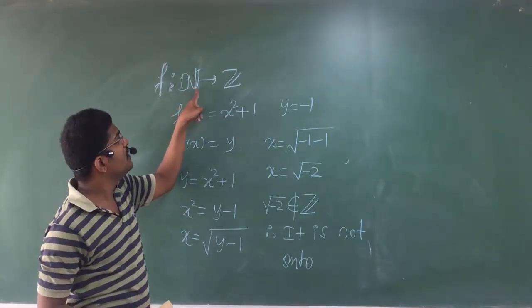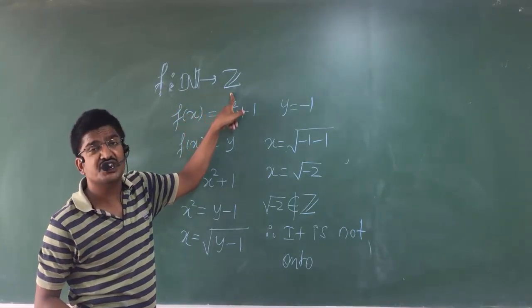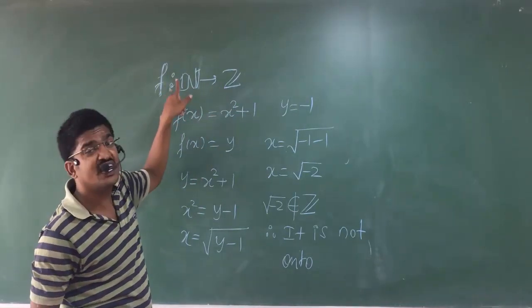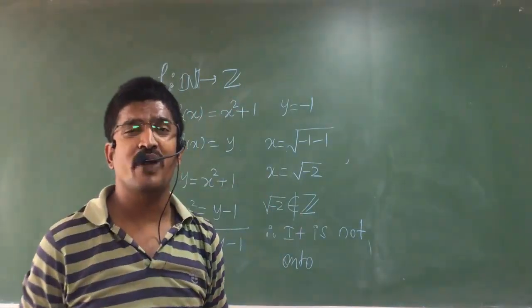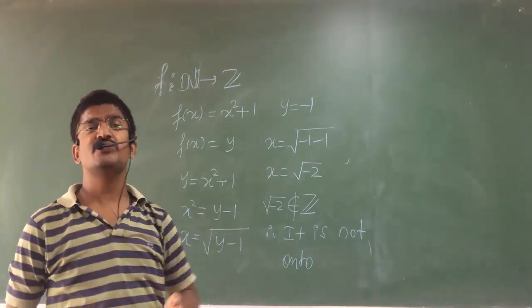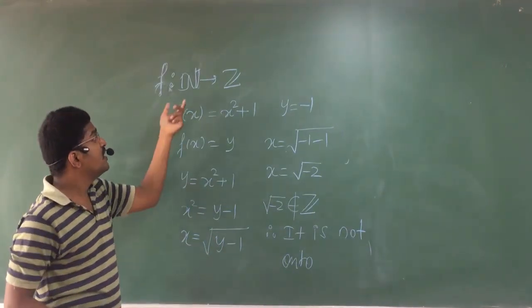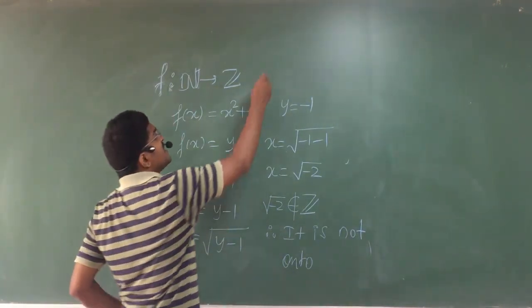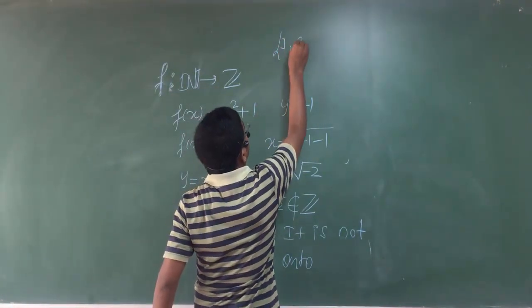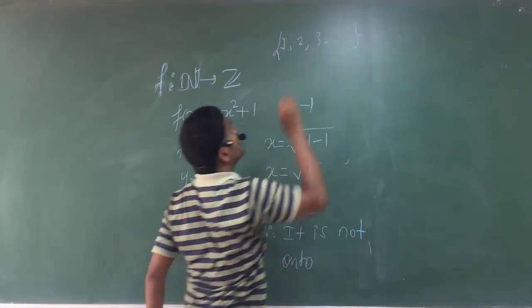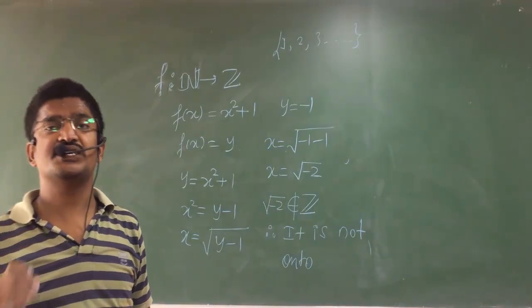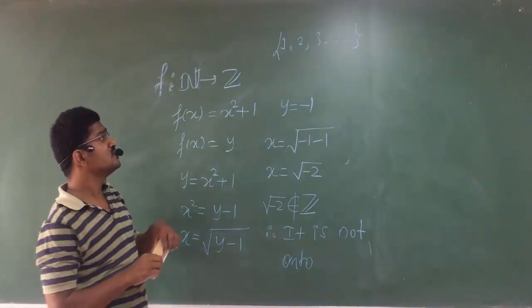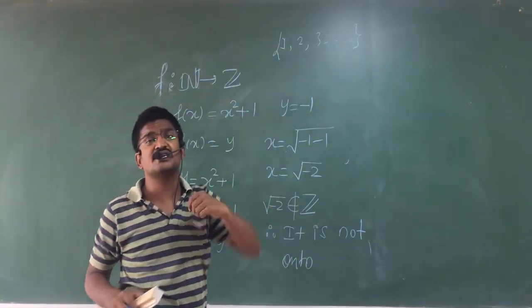So f is a function from N to Z. I have changed my domain. You all know N is the natural number set which has 1, 2, 3, and so on.